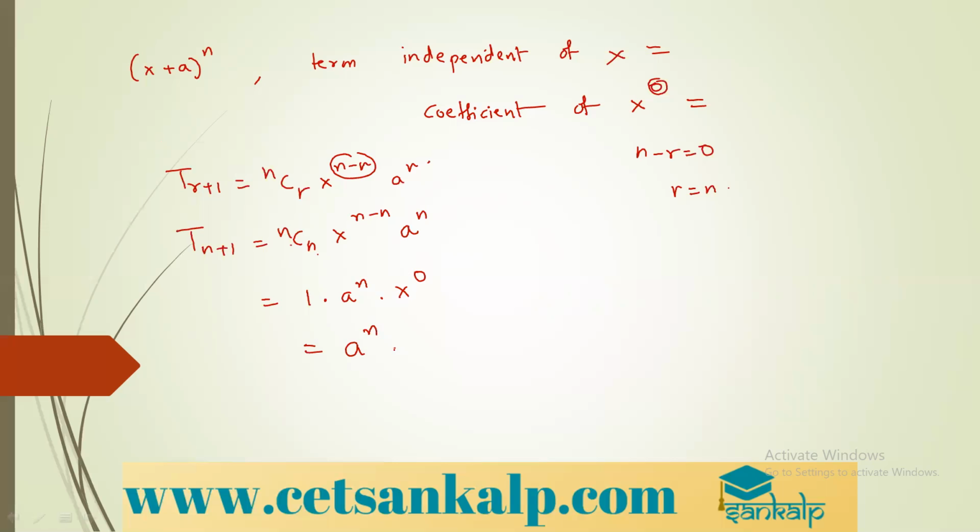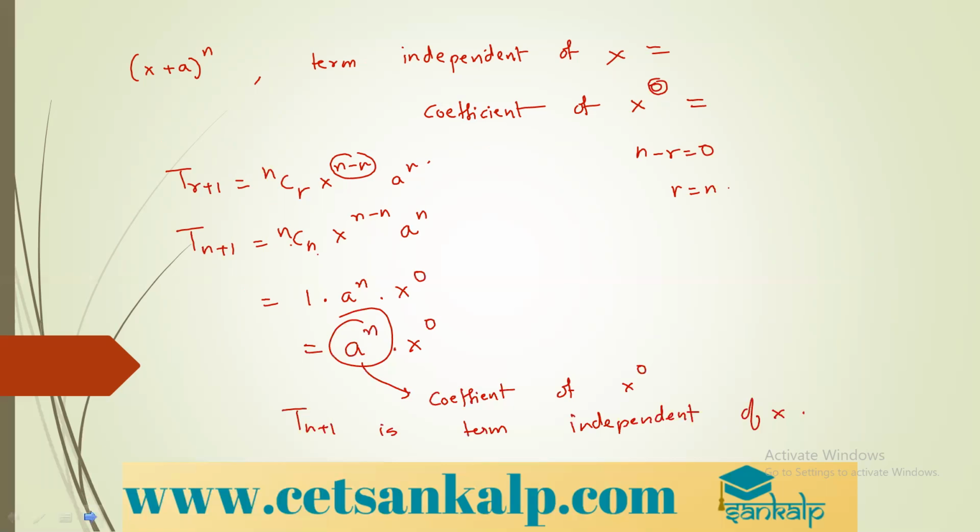So a power n is the coefficient of x power 0. That means T(n plus 1) is the term independent of x.